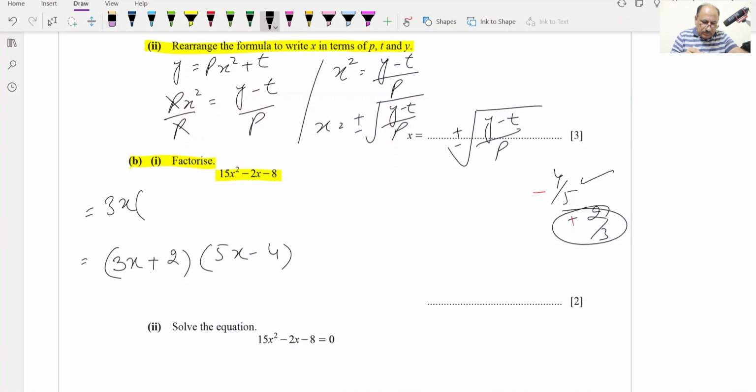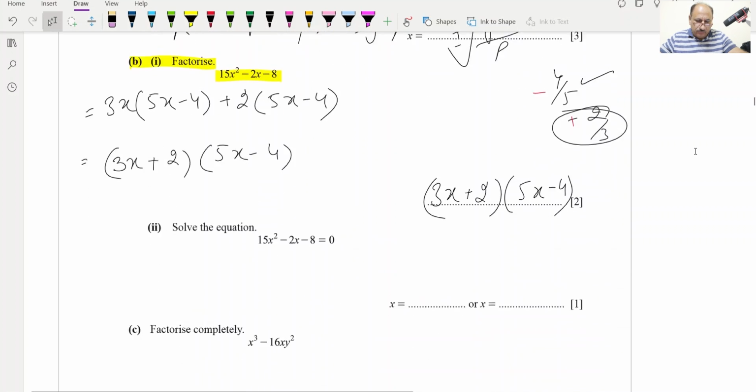So 3x into 5x minus 4 and plus 2 into 5x minus 4, and this will be the factorization which we can provide over here. So this 2-mark question is done.